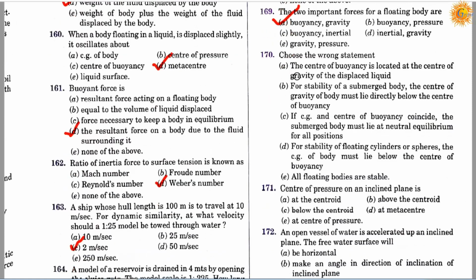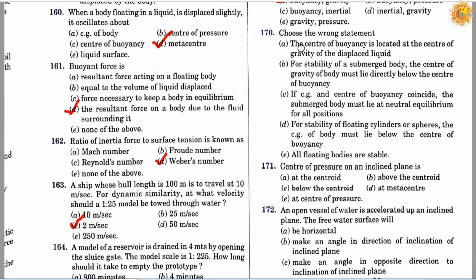Question number 170. Choose the wrong statement. Option A, the center of buoyancy is located at the center of gravity of the displaced liquid. Option B, for stability of a submerged body, the center of gravity of the body must lie directly below the center of buoyancy.